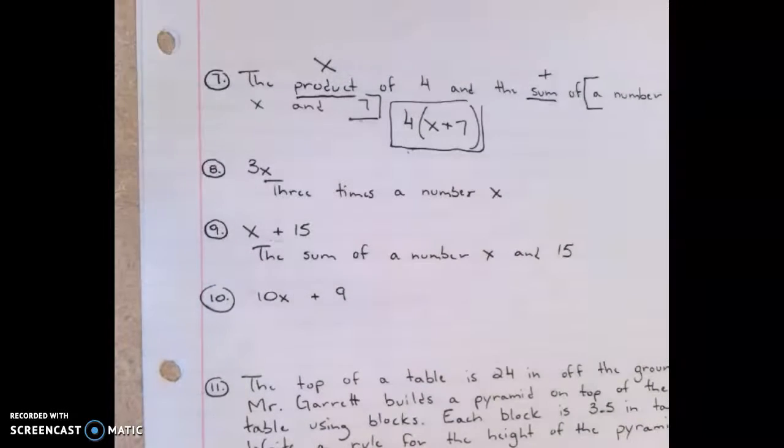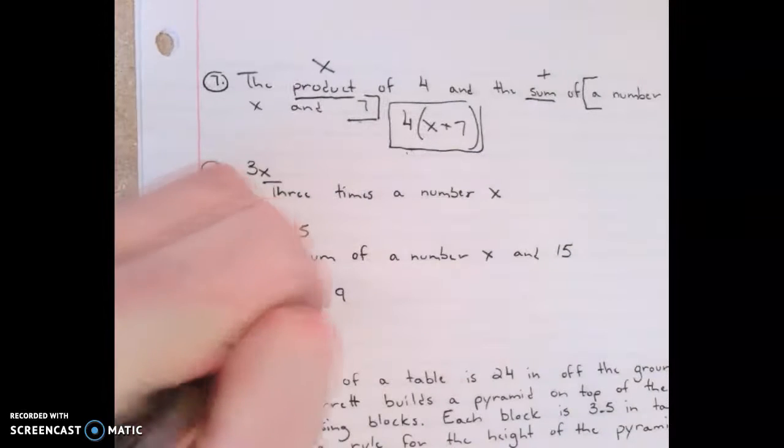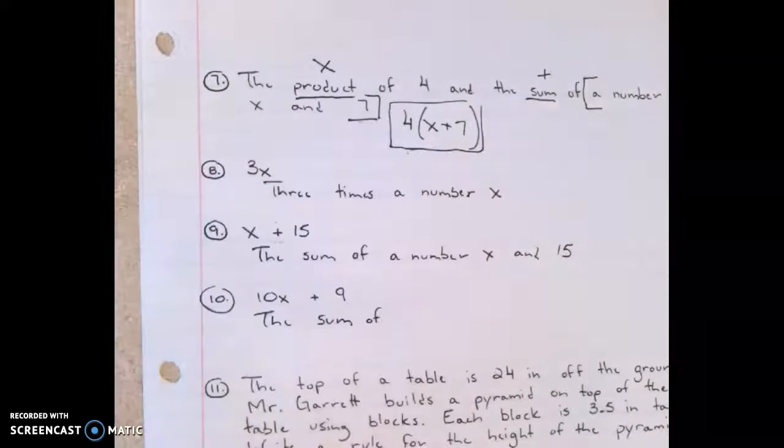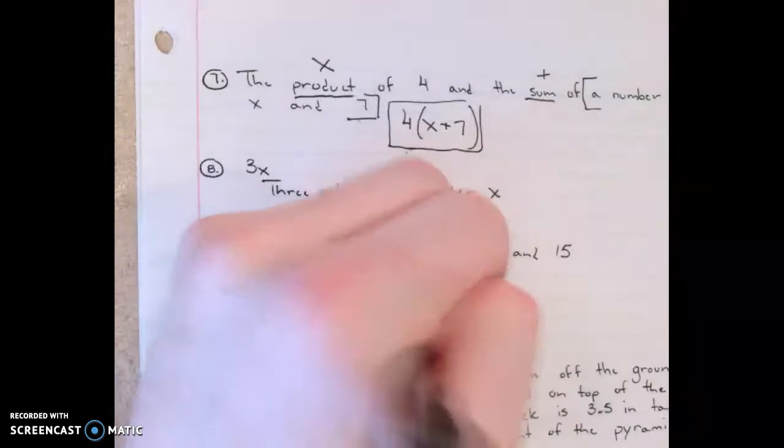Number 10, last one. 10x plus 9, and I'm going to move a little quick on this because my recording has a time limit, so we're running short on our time limit here. 10x plus 9. Well, I have two terms that I'm adding together. So I'm going to have the sum of, well, what am I adding together?